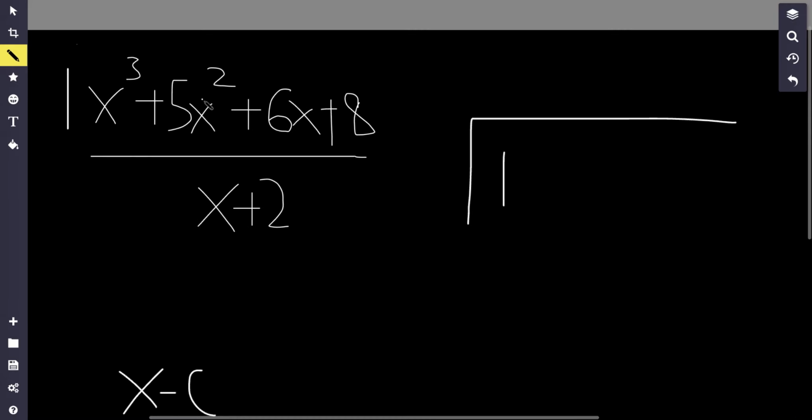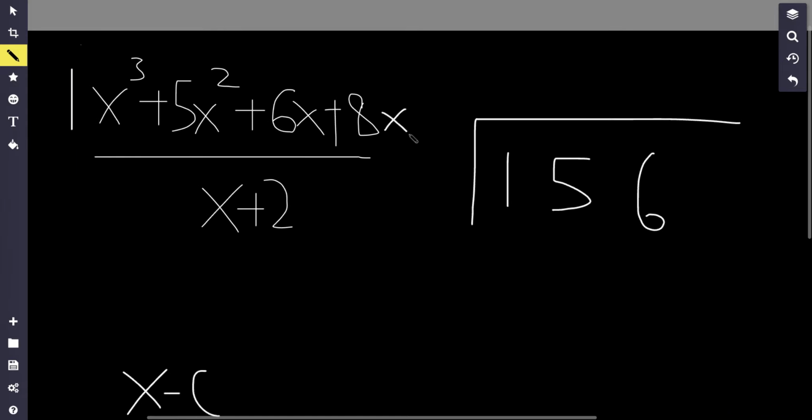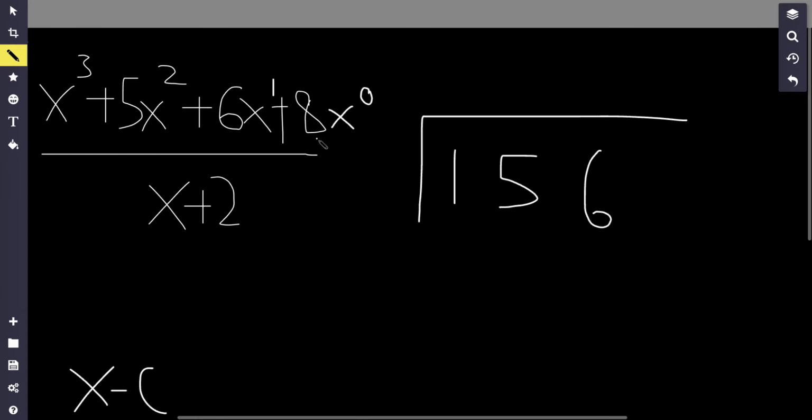My second highest term, x to the second power, has a coefficient of 5. My third highest term, 6x, has a coefficient of 6. And my constant term you can think of as x to the 0th power. Everything I'm listing inside the box is in decreasing x order, so this 8 goes in the box.